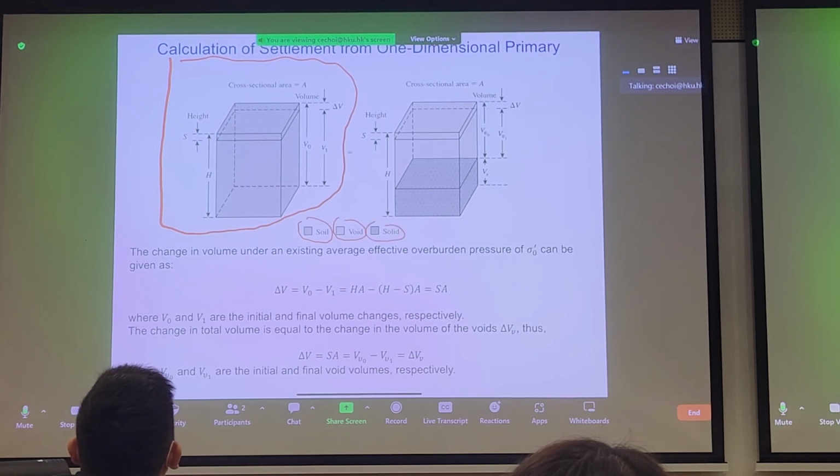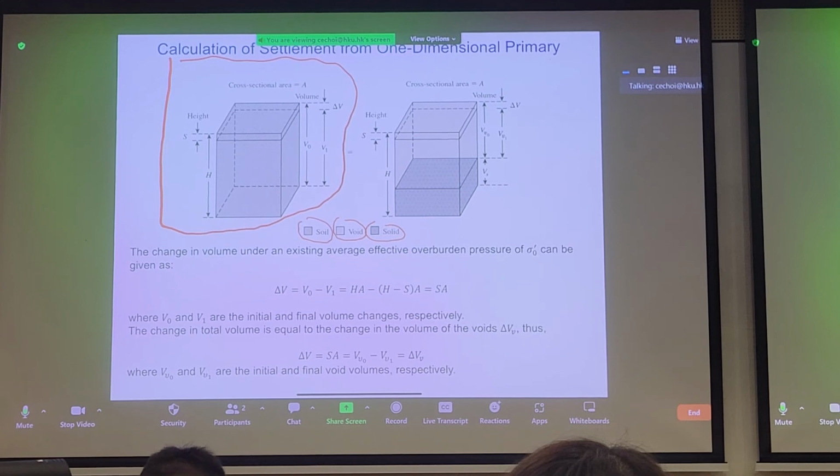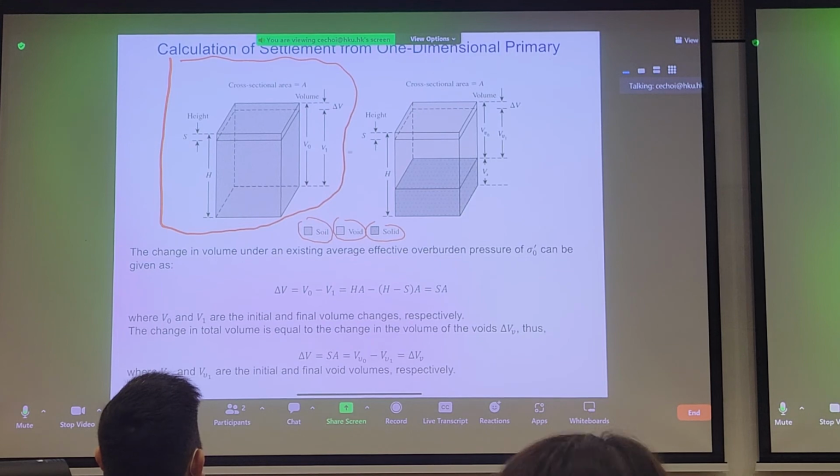So void and solid will comprise soil, and what you see in this picture is a mixture of both voids and solid. We know the typical cross-sectional area is, let's say, A. We have initial height H, and let's say we get some compression or settlement. We can call it variable S.